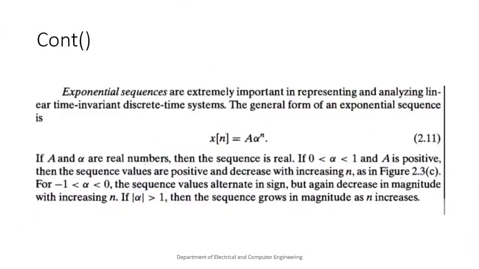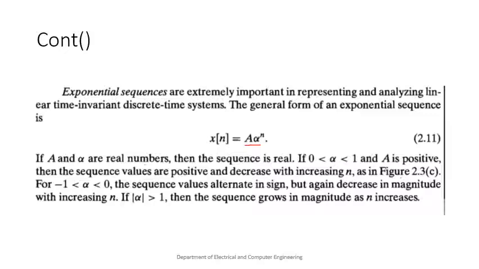Another important sequence is the exponential sequence, which is extremely important in representing linear and time invariant discrete signals. This is our exponential sequence in discrete time. A is some scalar, alpha is a real number, and A is also a real number, and n is our sequence number. So we need to know the values of A, alpha, and n.